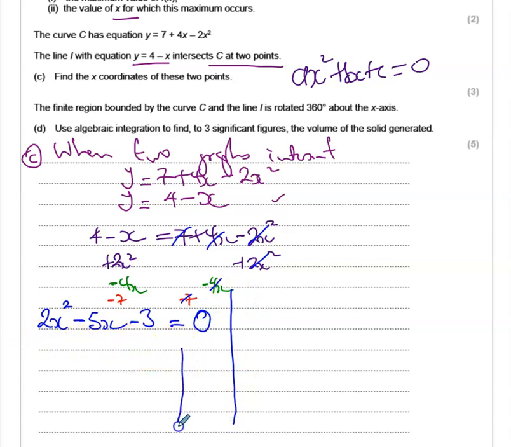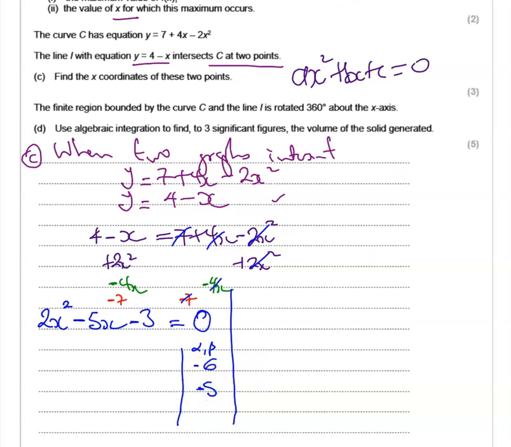I'm looking for two numbers, alpha and beta, so that the product will be 2 times negative 3, which is negative 6, but their sum will be minus 5.